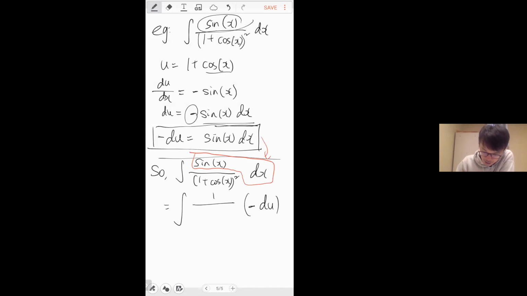And then 1 plus cosine of x, this is u. So I have 1 over u squared. Is it okay? Now what do I do next?